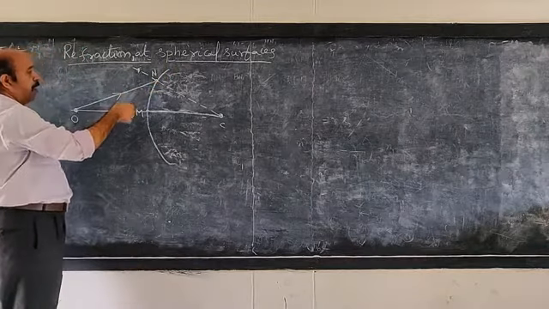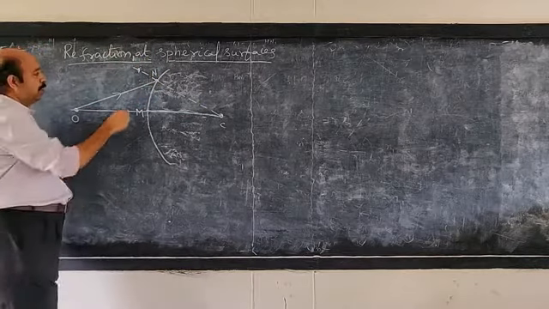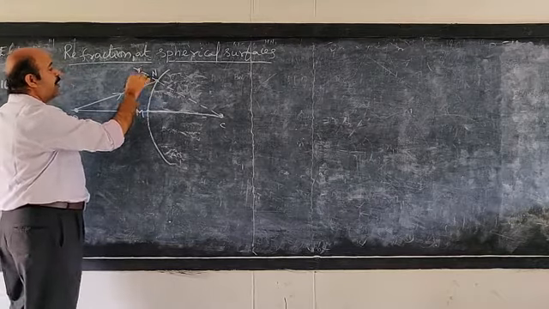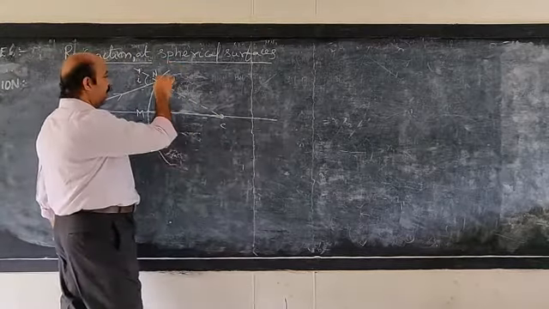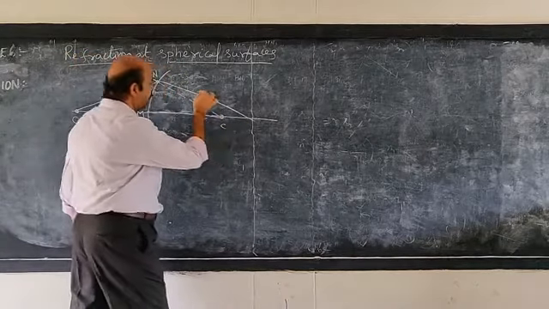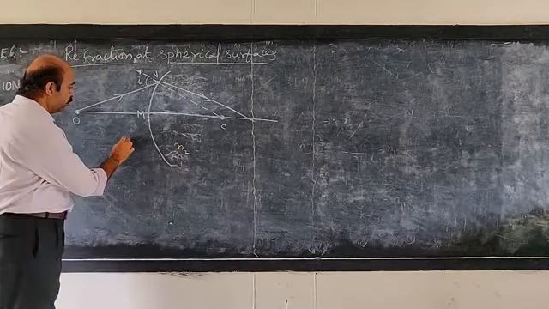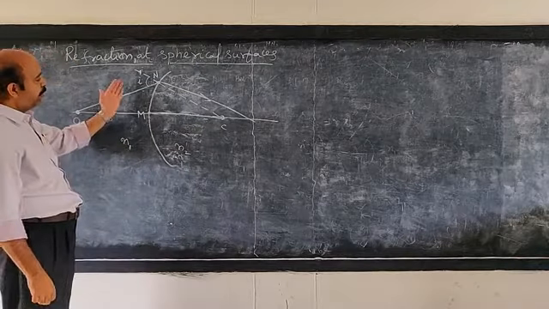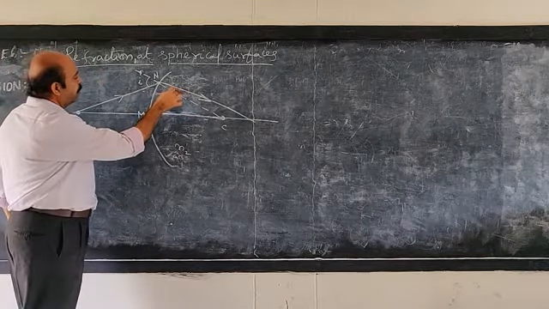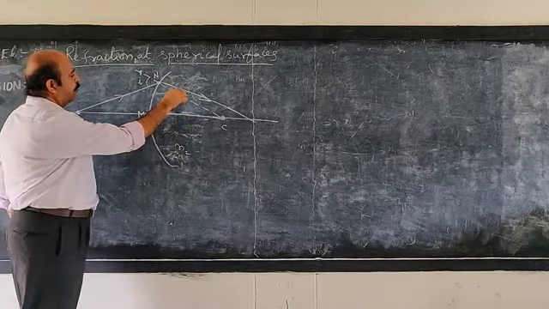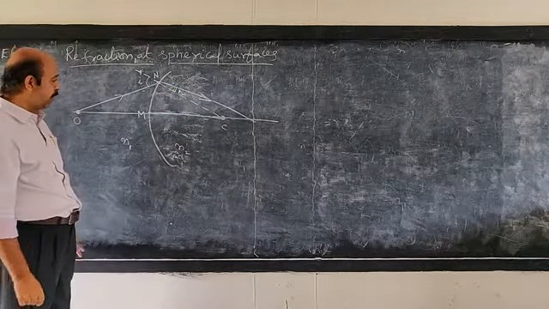You can imagine a tangential plane here for which NC is the perpendicular. Therefore, this is the angle of incidence. After refraction, the ray bends towards the normal because this is a denser medium of, say, refractive index N2, and this is N1. When the ray enters a denser medium, it bends towards the normal. Therefore, this must be the angle of refraction, the angle made by the refracted ray with the normal.